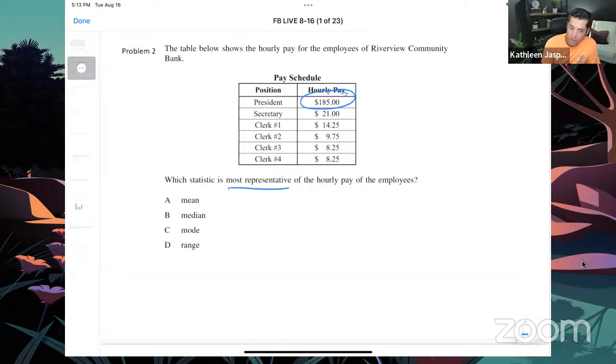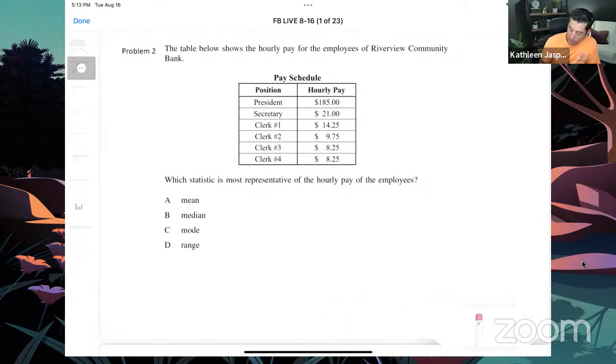That is never going to be representative of what a company pays unless all of these salaries are right around $180, give or take, even $20, $30 each. So what are we going to use with mean, median, mode, and range to show the greatest representation?